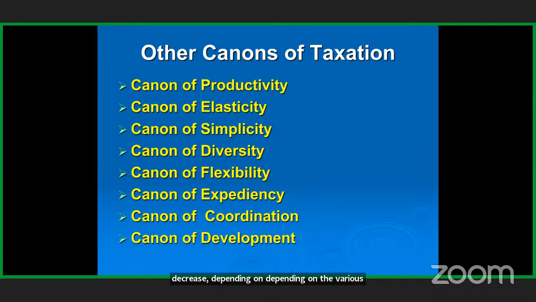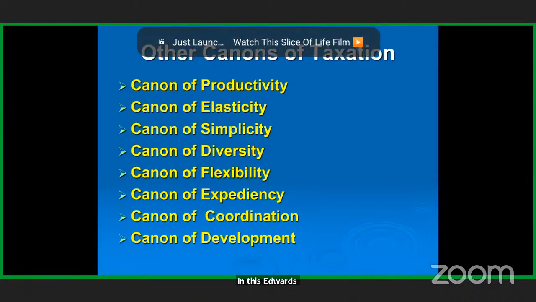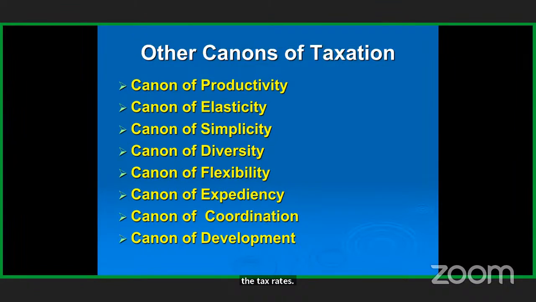In the interest of the development of the country, when the country faces adverse conditions like natural calamities, wars, earthquakes, the government may need to generate more revenue. In this adverse condition, the government may increase the tax rates. Hence, tax should be adaptable to the changes in the financial requirements of the government.